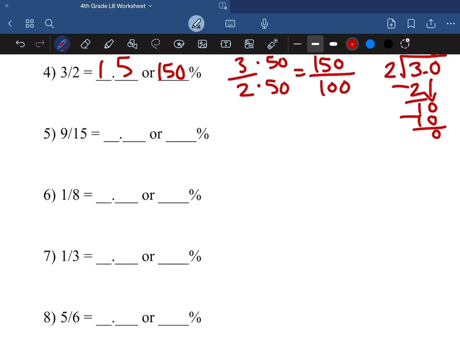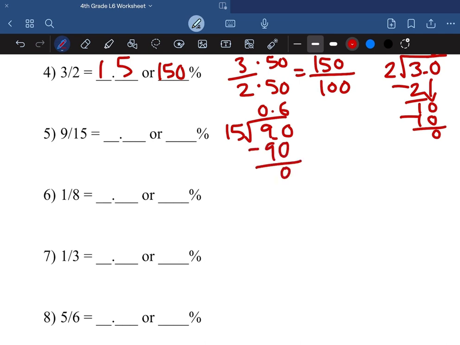Number 5, 9 over 15. Here I'll show you a different method on how to convert it to a percentage. First, we find the decimal form of 9 over 15. So we divide 9 by 15. 15 goes into 9 0 times, add a decimal and a 0. 15 goes into 90 6 times. 15 times 6 is 90.